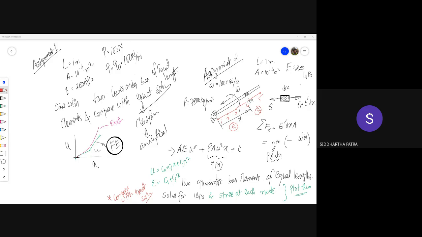But every time you see a more and more complicated problem and go for a higher and higher order element, you need the derivation of the stiffness matrix. That is where the human contribution is. So that we do as homework before writing the program. Now, if I see a complicated problem and decide to go for a higher order element, let's say a cubic element, right now I'm not ready with the stiffness matrix for a cubic shape function.